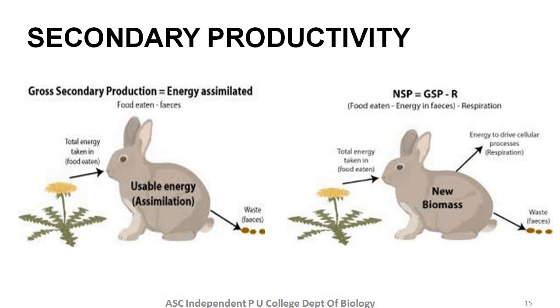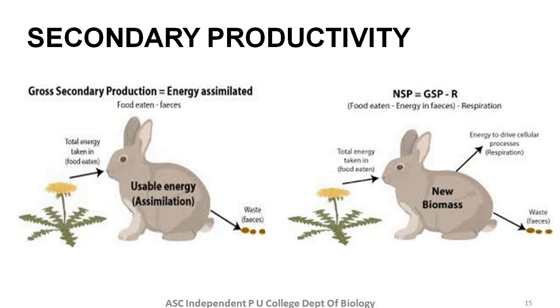Some amount of food that cannot be digested, or the waste, is put out in the form of feces. So gross secondary productivity of the consumers will be how much energy is assimilated, how much nutrients are assimilated and how much new organic matter is formed. That is our gross secondary productivity.